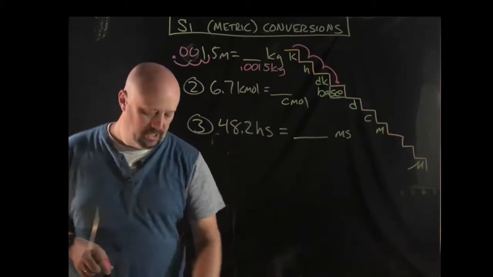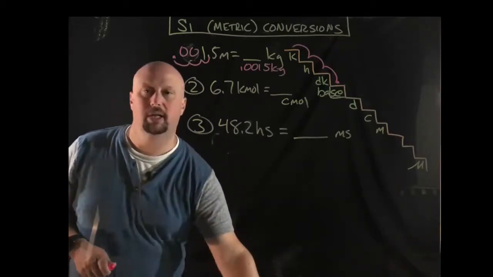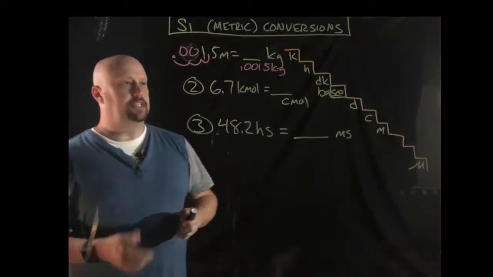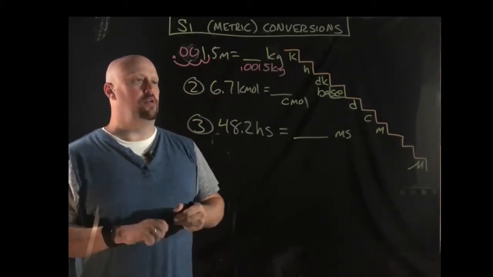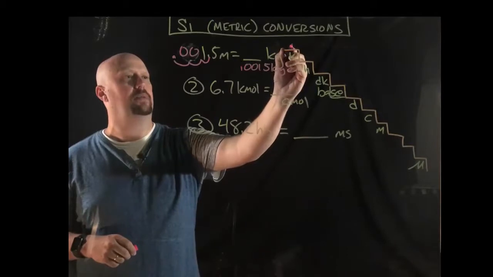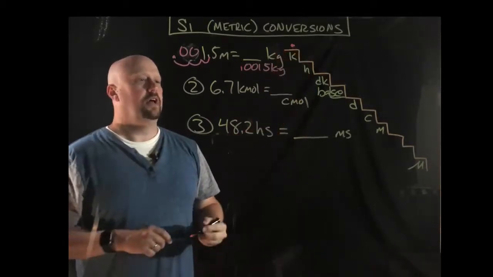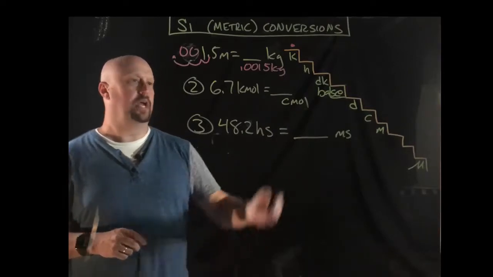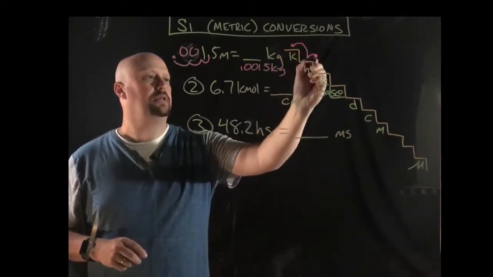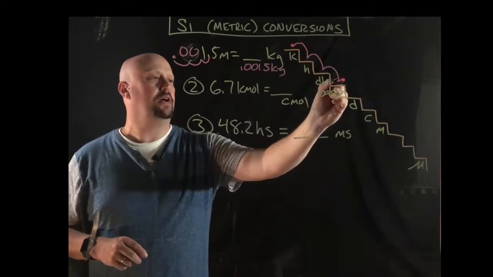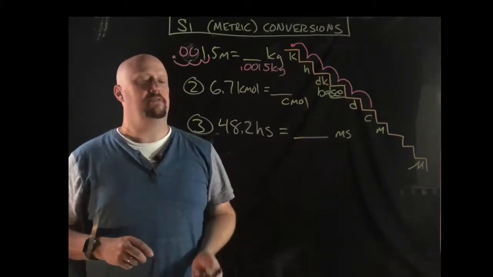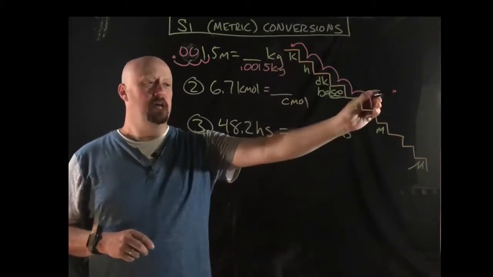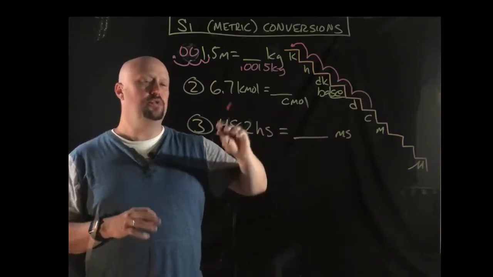All right, so for the next one we're going to start at kilomoles, which means I'm at kilo. I'm not starting at the base for once, okay? And I'm moving all the way down here to centi. So that means 1, 2, 3, 4, 5, so 5 decimal spaces to the right.